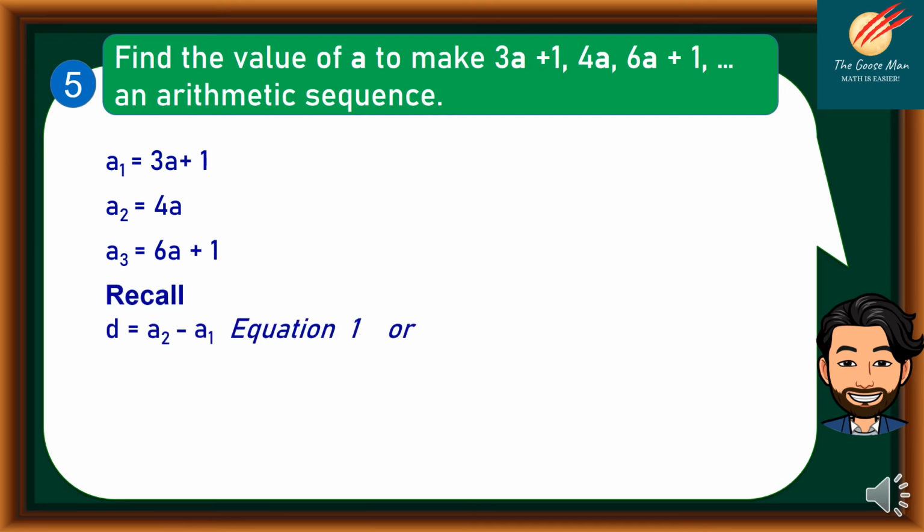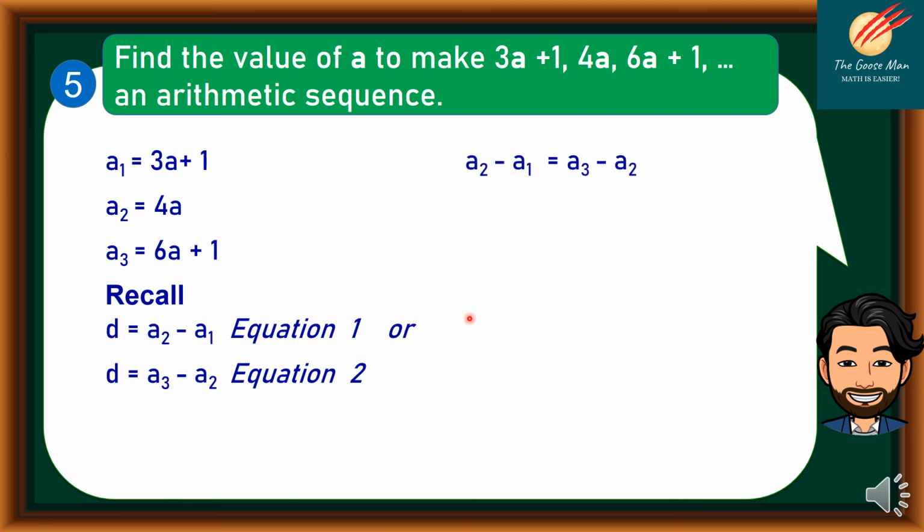And recall also that the common difference is equal to the difference of two consecutive terms. So if I use a sub 2 minus a sub 1, this is my first equation, or d is equal to the third term minus the second term. So I can use this one as my second equation.